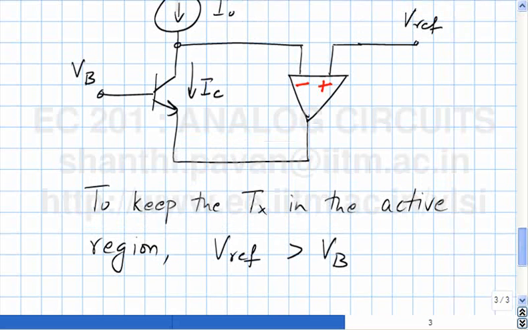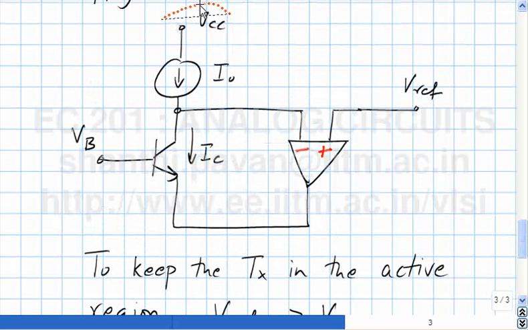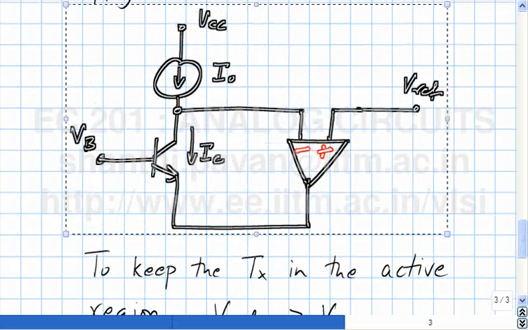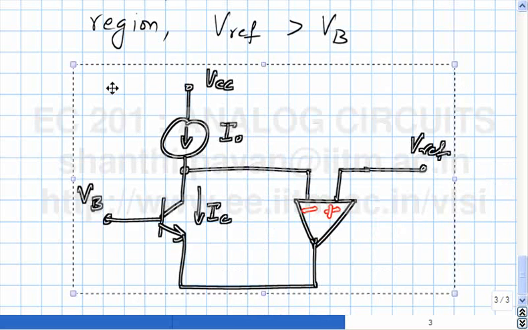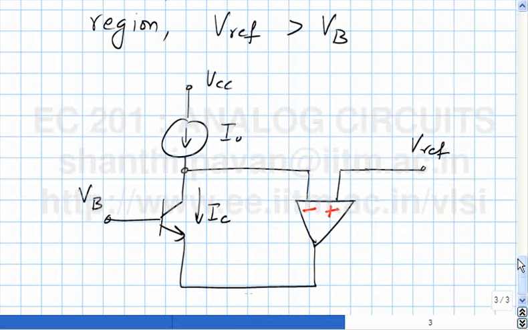And once the bias technique is known, it is in fact quite trivial to make sure that the op amp doesn't create any mischief for incremental signals. So one thing you could do is, for example, put a resistor Rx which is very large.